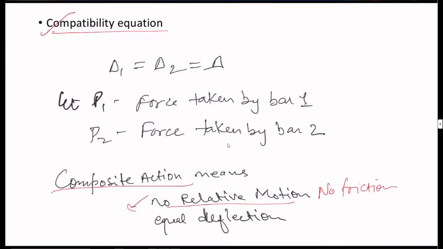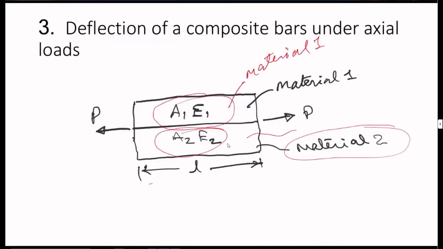No friction, friction is neglected. Equal deformation or equal deflection. Like if you see here, the load is applied at this point P. Now whatever the deflection will happen, likewise, this is my delta, suppose this is delta L by 2, and the same deformation will happen here.